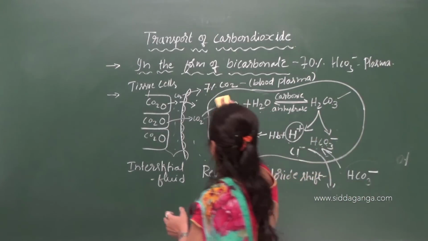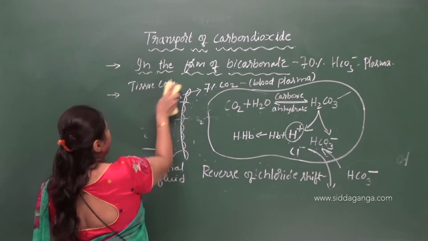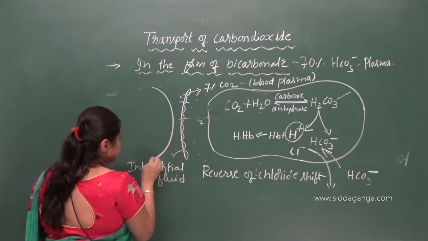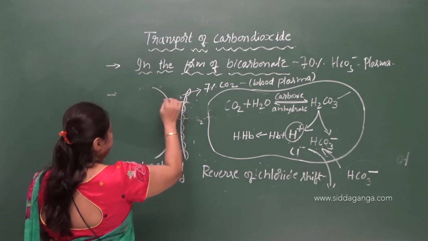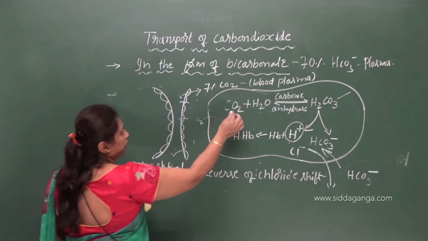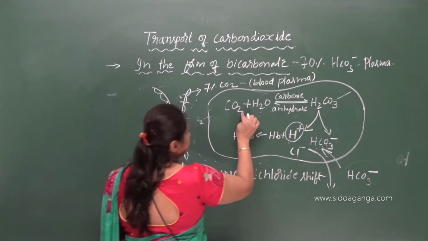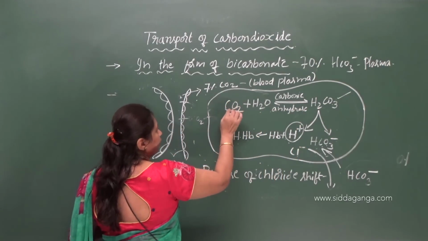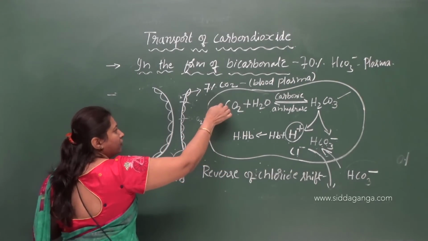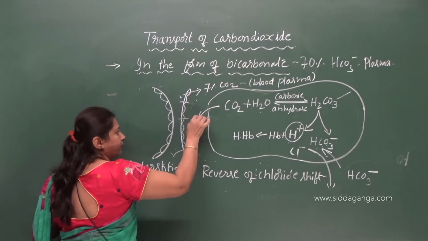Now the carbon dioxide produced, this is at the alveolar level. So this is the alveolus, and this is again the blood capillary. So now the carbonic acid formed is highly unstable and it quickly dissociates to form what? Carbon dioxide and water. Now this carbon dioxide will diffuse from the RBCs into the blood plasma.